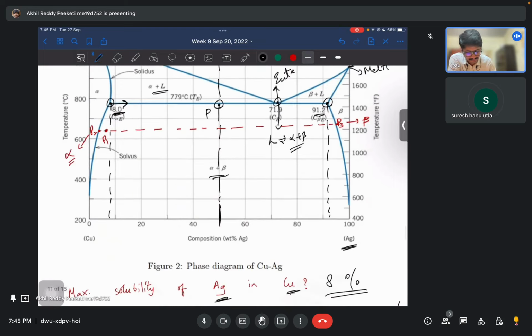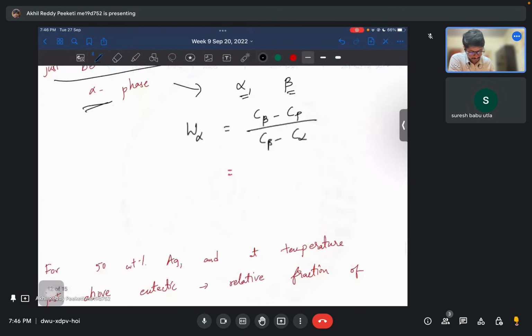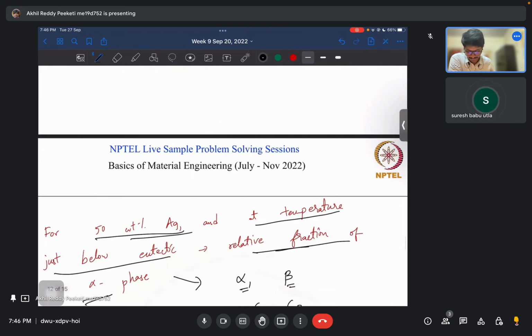So for this point, C beta minus Cp, because we want the composition of alpha at this point. So C beta minus Cp, this length divided by this length. So as you first said, we need to take the opposite. So C beta is 91.2, Cp is 58, and C alpha is 8, right?